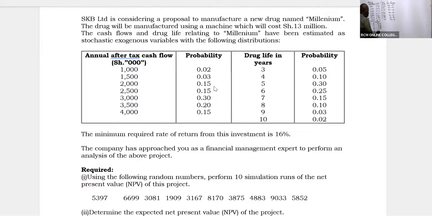Copy my figures at your own risk. After that, I can see 0.10. After that, I can see 0.03, and then 0.02.